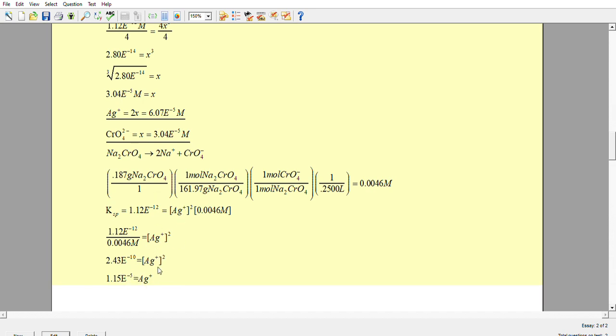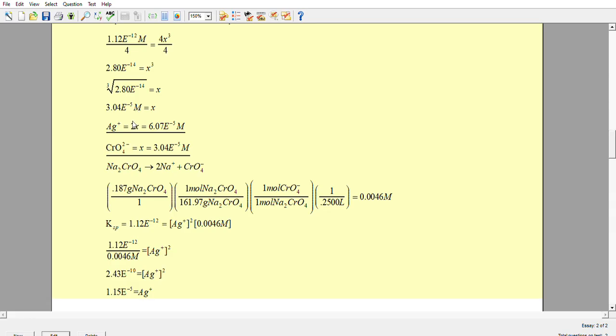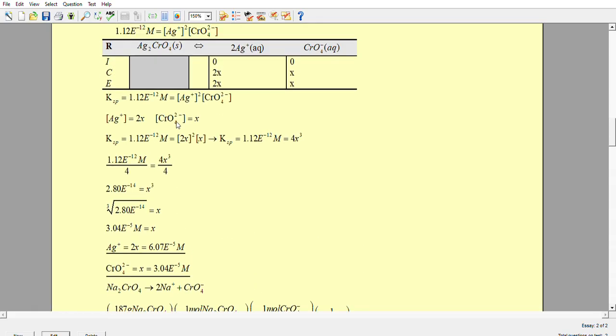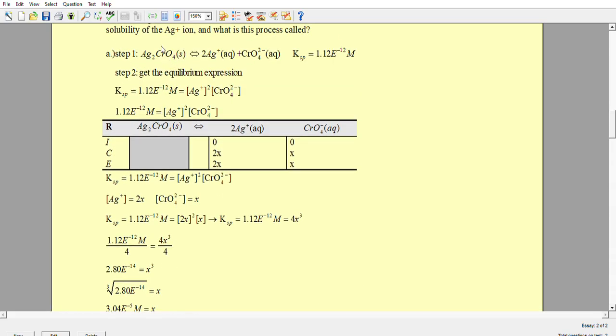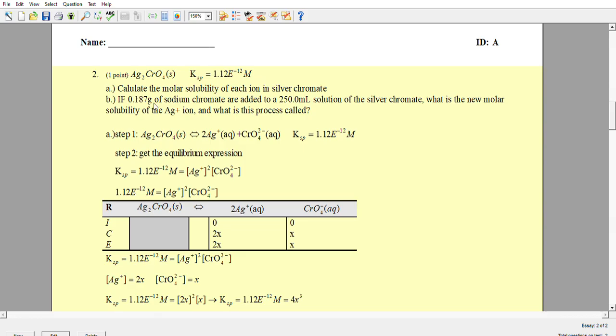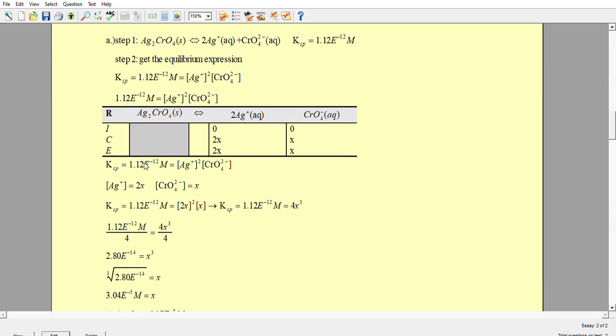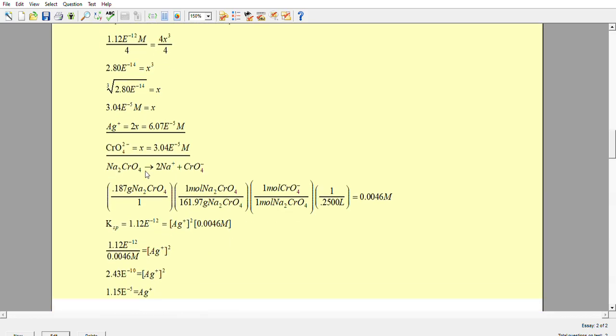It's not incredibly easy to see, but it is about 6 times lower. Here, we had the silver concentration as being about 6.07 times 10 to the negative fifth molar, with the addition of only a very small amount of sodium chromate, like 0.187 grams. That's like nothing. That's like a couple grains.